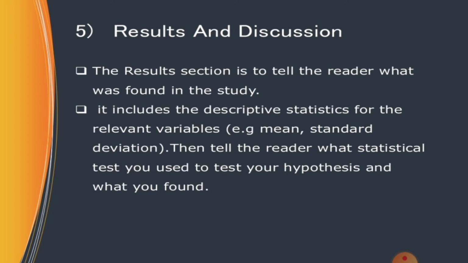The results section is to tell the reader what was found in the study. It includes the descriptive statistics for the relevant variables, for example, mean, standard deviation, and then tells the reader what statistical test was used to test the hypothesis and what was found.